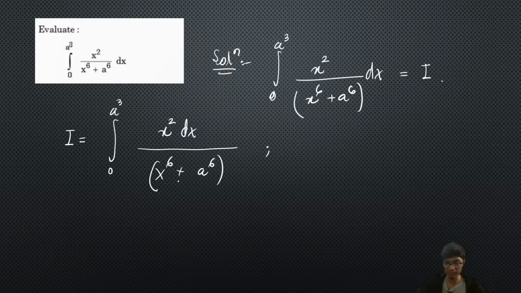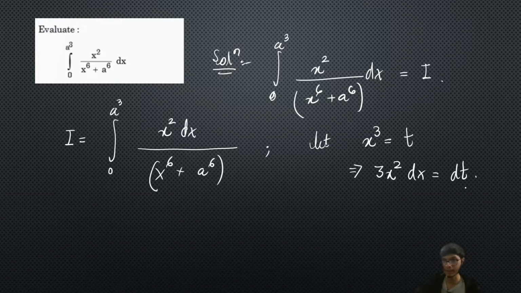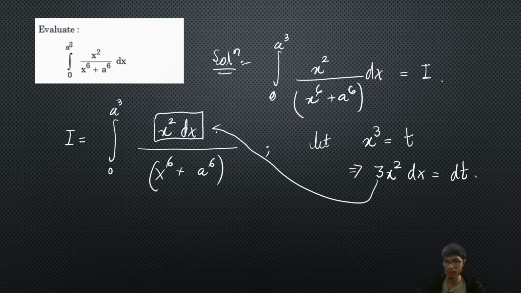For the sake of simplicity, let us assume that x cube is equal to t. Why am I assuming this? You will see in a minute. If I differentiate both the sides, I get 3x squared dx is equal to dt. The advantage is that I already have x squared dx in the numerator, so x squared dx is dt by 3.